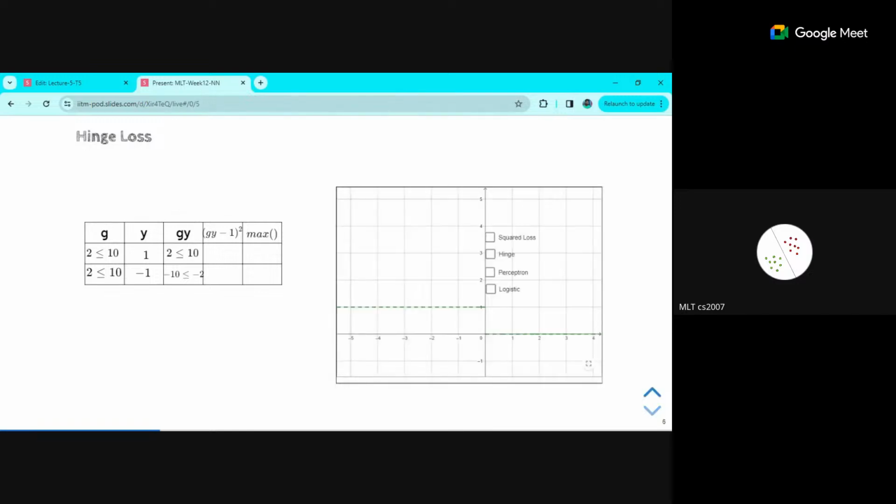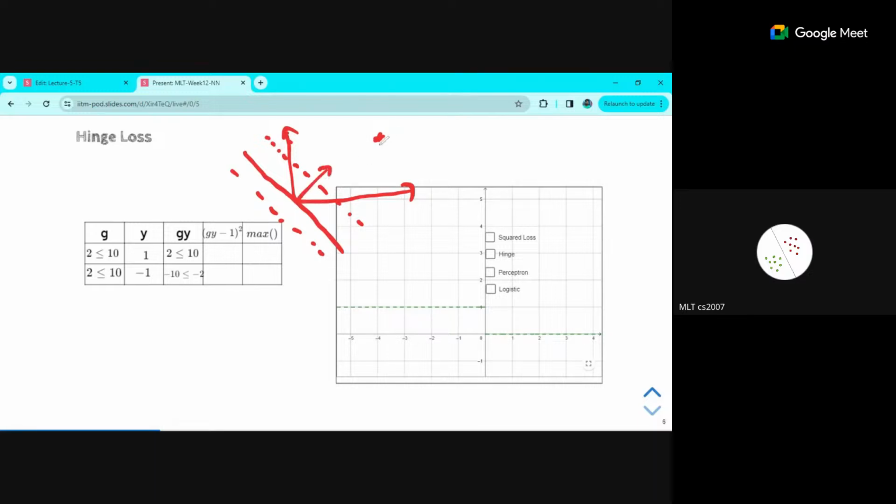As I told you, W transpose X can take any value from minus infinity to plus infinity. Recall that in a classification setting, maybe this is SVM or just a perceptron, I have some margins like this, and I have a point here, and a weight vector something like this.